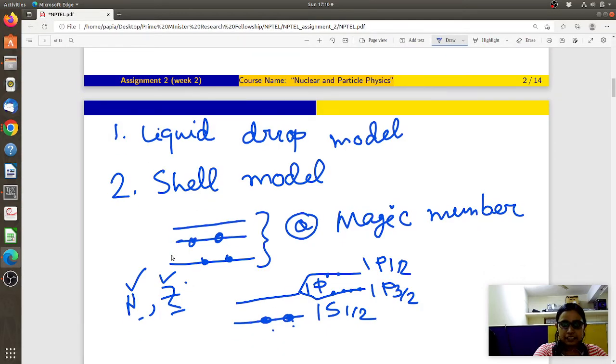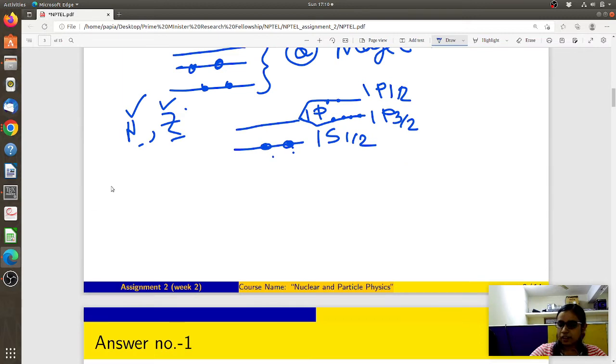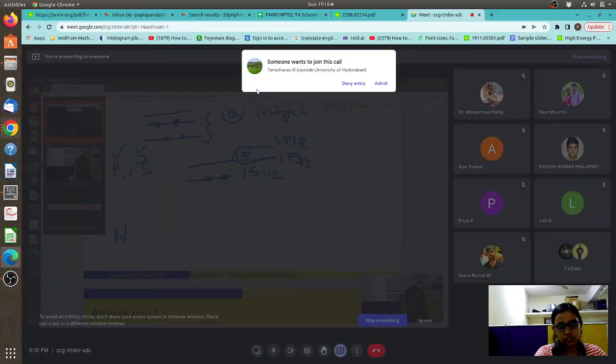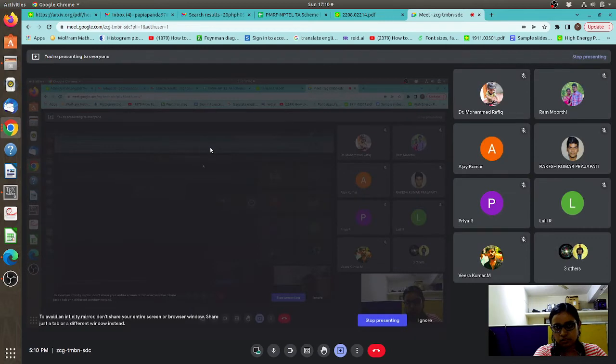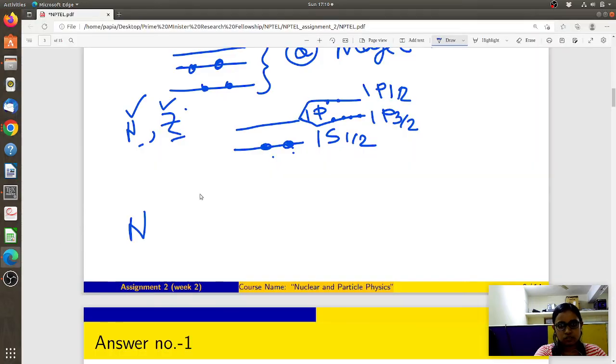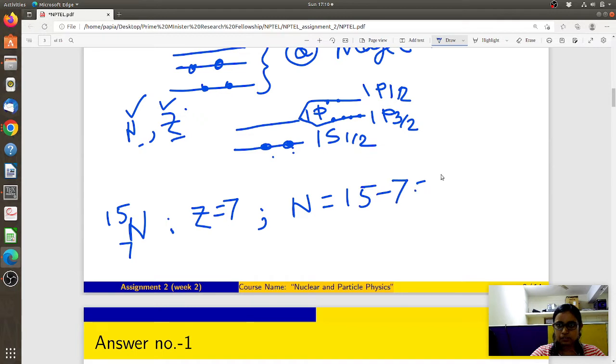So as in our example given here, the nitrogen. For nitrogen-15, with atomic number 7 and mass number 15, we can write Z equals 7 and N equals 15 minus 7, that means 8.